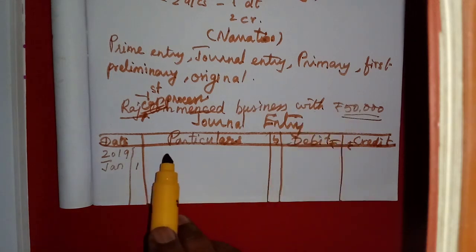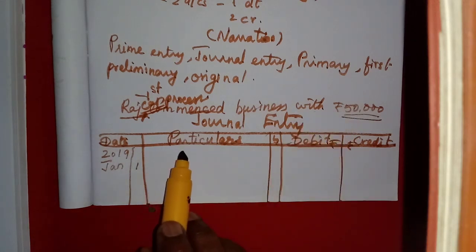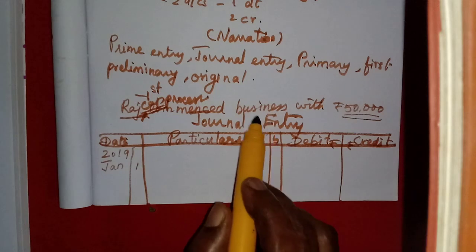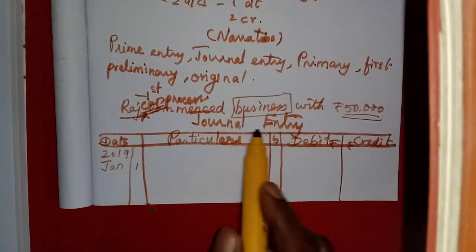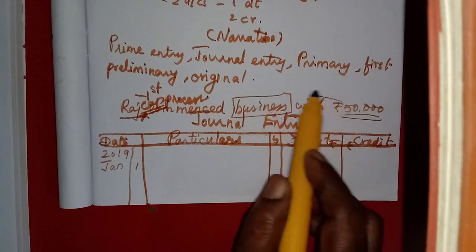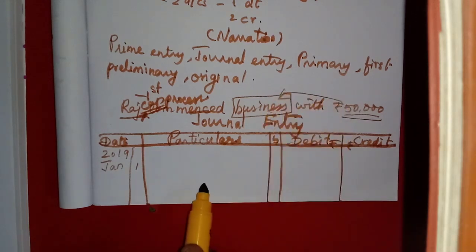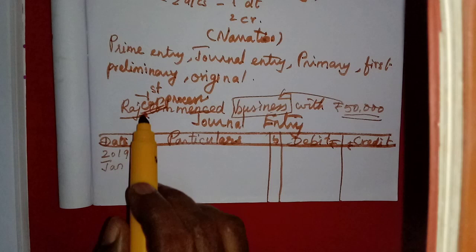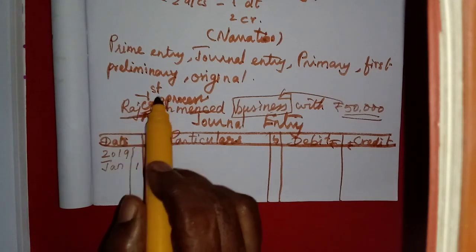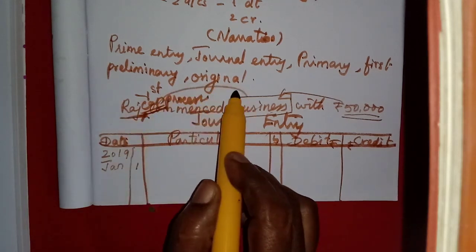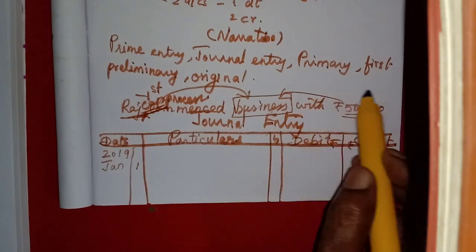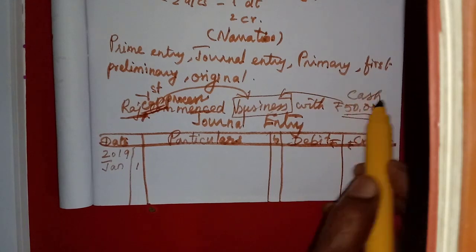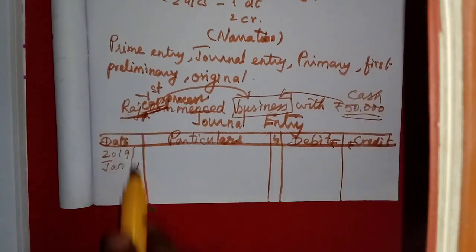We are recording the journal entries from the viewpoint of the business, so you have to think what is coming inside the business. Cash is coming inside, and Raj is giving that cash. Understood now? So two accounts: one is cash, the other one is Raj capital.